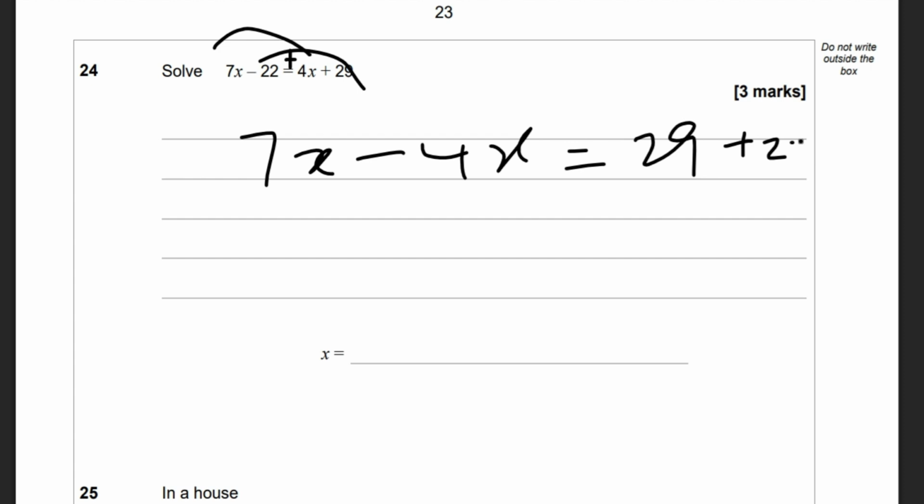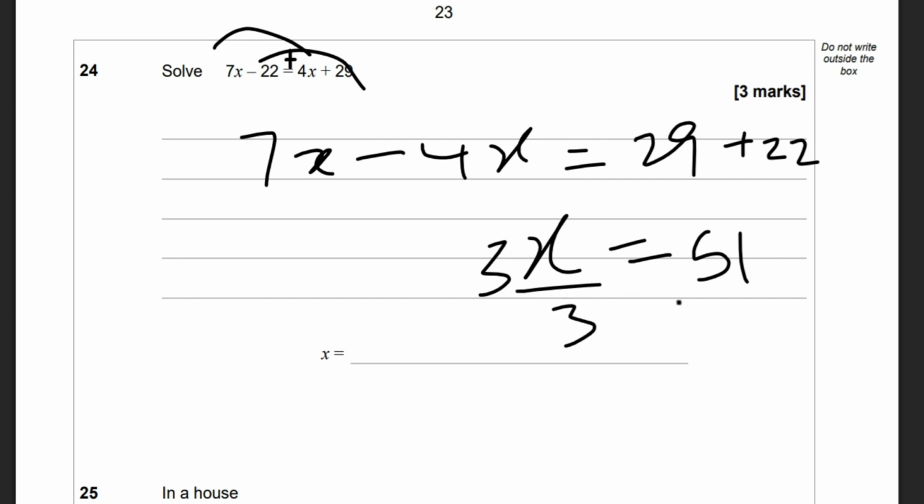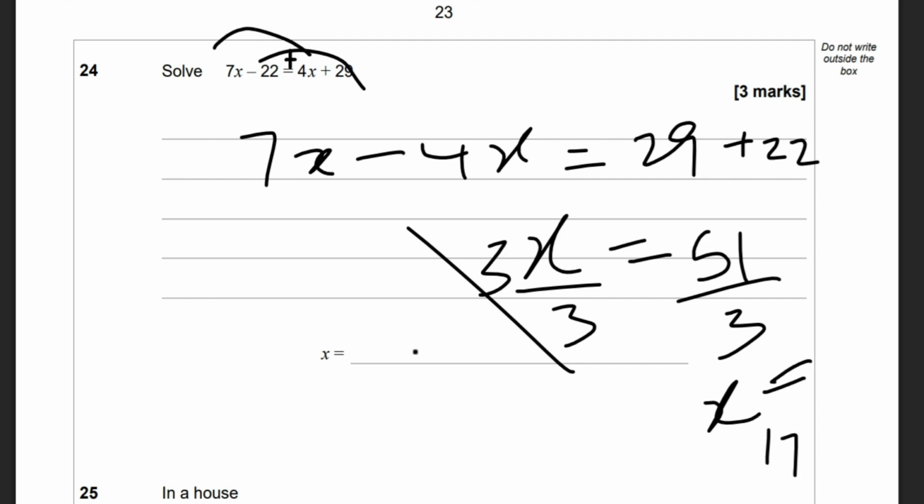So 7x minus 4x is 3x, and 29 plus 22 is 51. So divide by 3 on both sides, and x is equal to 17. Yeah, so x is 17.